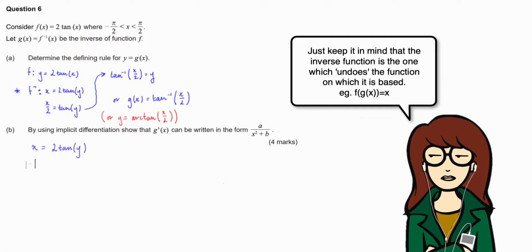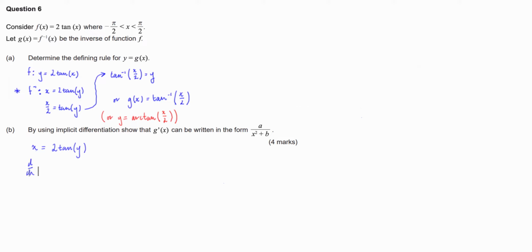So dx of just x on the left-hand side is equal to dx of 2 tan of y. Great. So first of all, d dx of x is just 1, is equal to, we've got the tan of y, so we're going to differentiate this with respect to x.